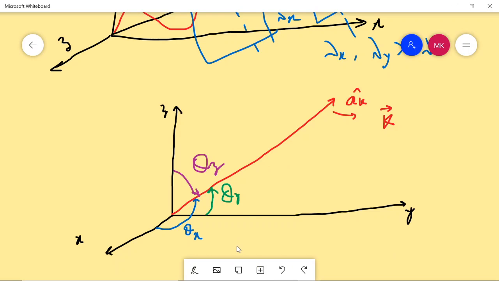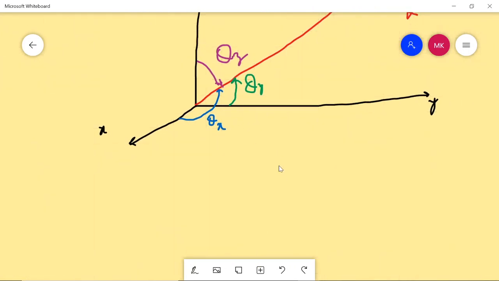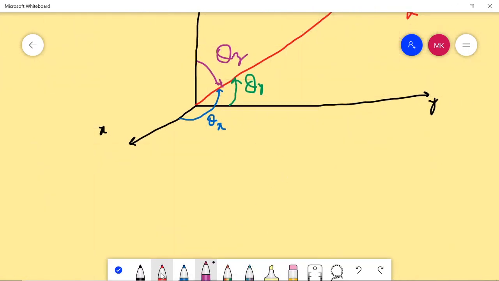Now next we want to break this ak in terms of unit vectors. We have this vector ak, and we want to decompose this vector in terms of the unit vectors along x, y, and z. So along y will be this vector, and here this vector.